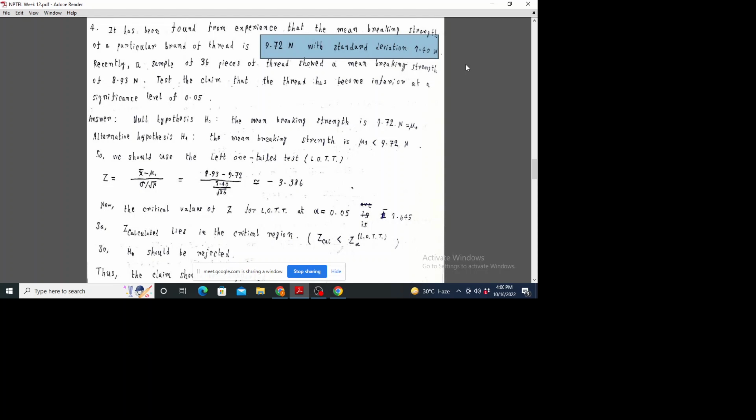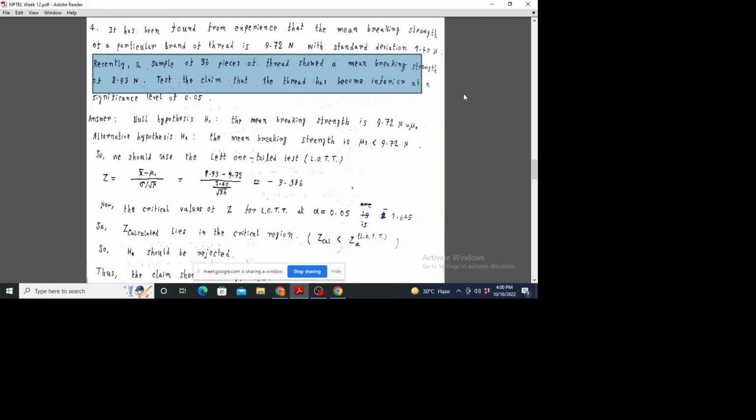This is for the infinite population of those threads. Now recently, a sample of 36 pieces of thread showed a mean breaking strength of 8.93 Newton. So we have drawn a sample of 36 pieces and found that the mean breaking strength of that sample is 8.93 Newton.